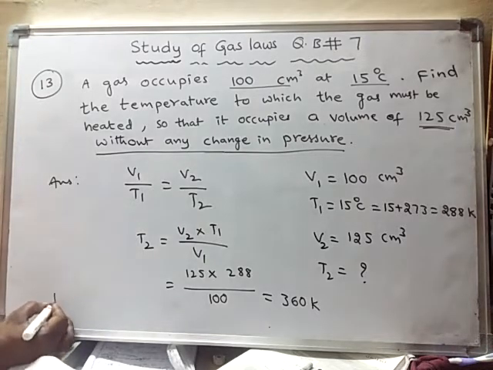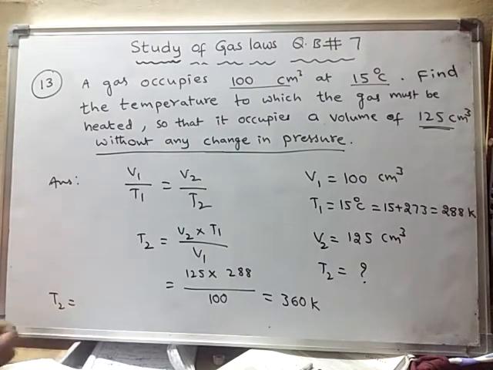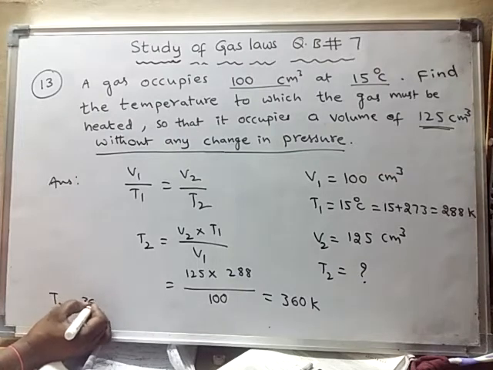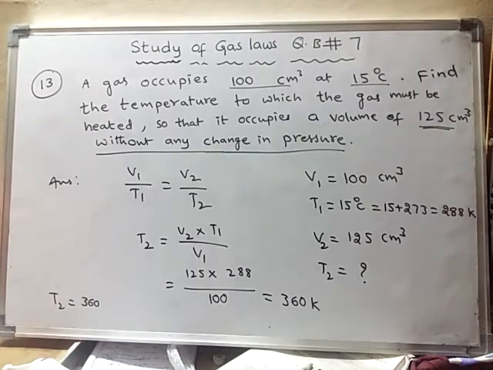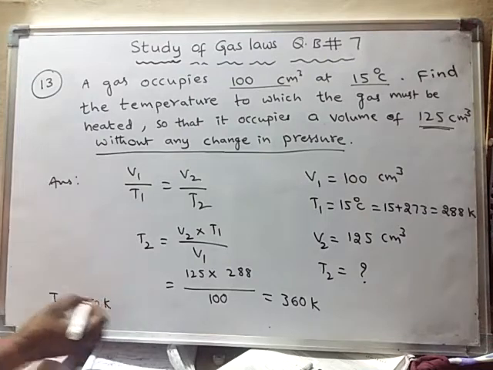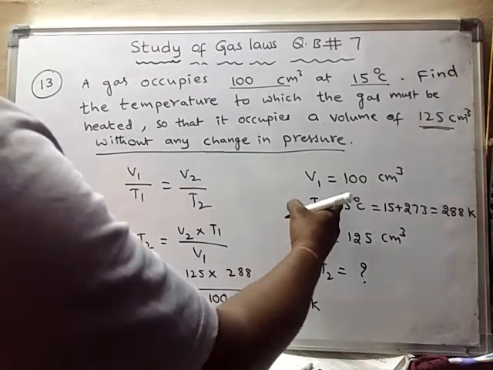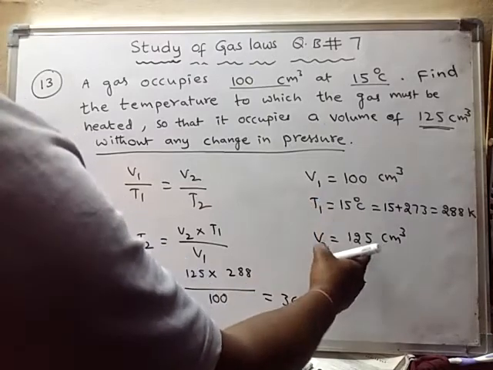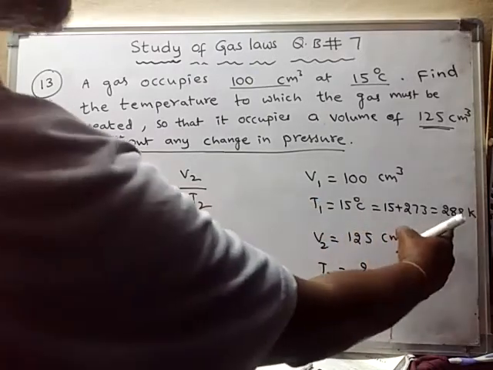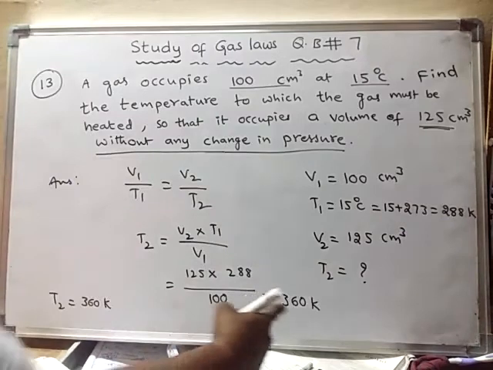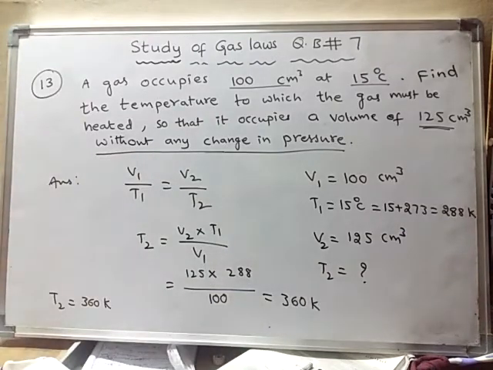So when temperature is raised from 288 Kelvin to 360 Kelvin, the volume will rise from 100 centimeter cube to 125 centimeter cube.